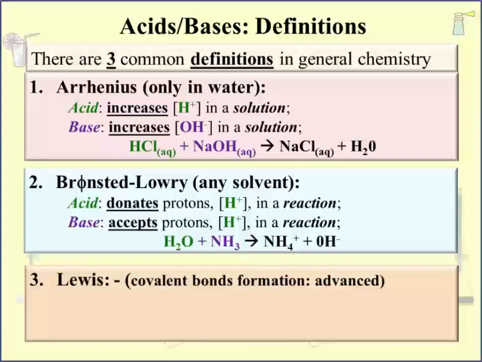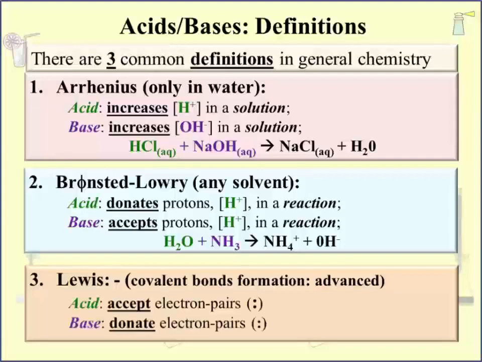The last definition is the more inclusive Lewis acid and base. It is a more advanced understanding of acids and bases, and usually involves the making and breaking of covalent bonds. It is an important topic in more advanced chemistry courses like organic chemistry. Briefly, Lewis acids accept electron pairs.